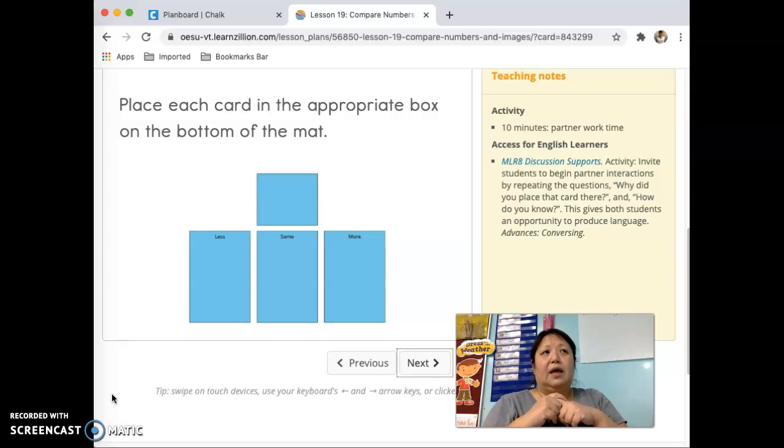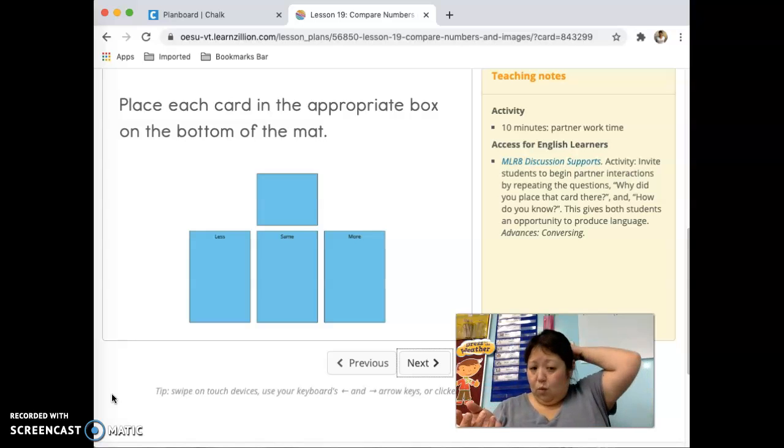Or you could play cover up. With cover up, you were flipping a card and then finding all the pictures that match that card on your cover up board and covering those with your counters.